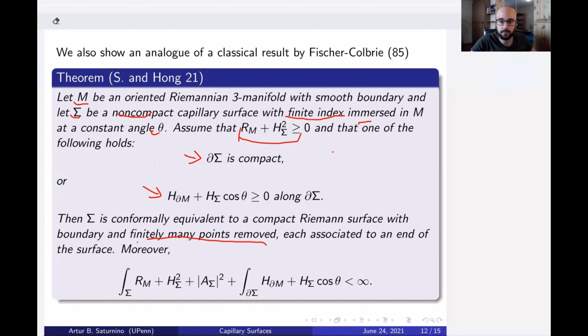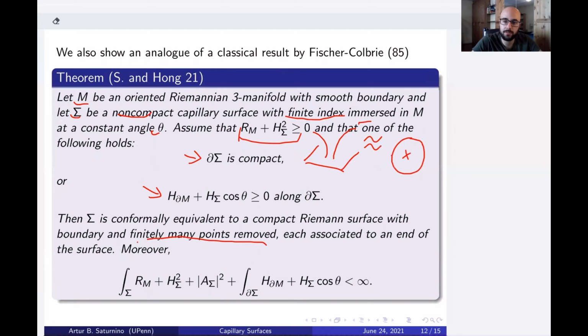So let's do some examples. The first example is the catenoid. A catenoid cut by a plane orthogonal to the axis of symmetry is conformally equivalent to a closed disk with an interior puncture.